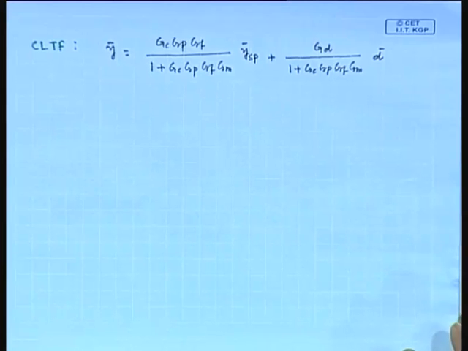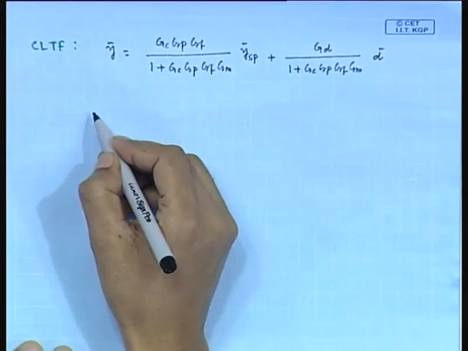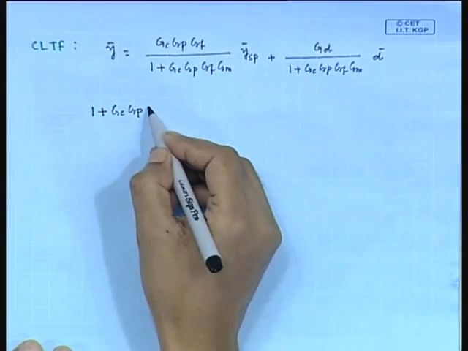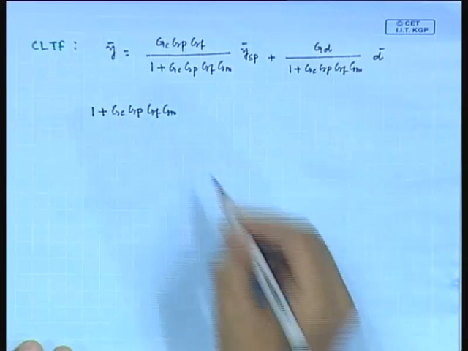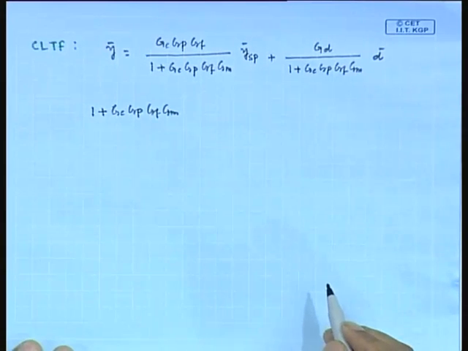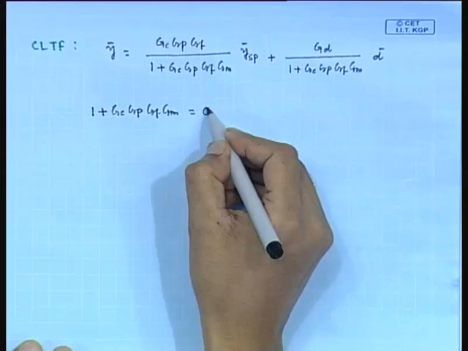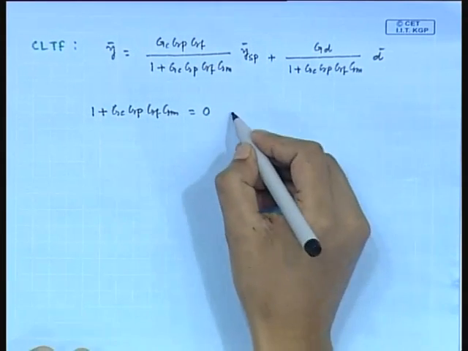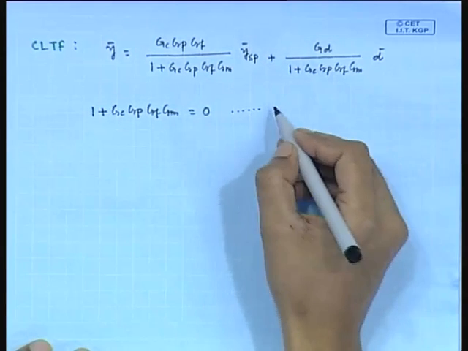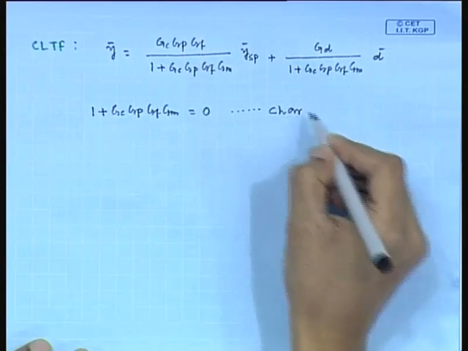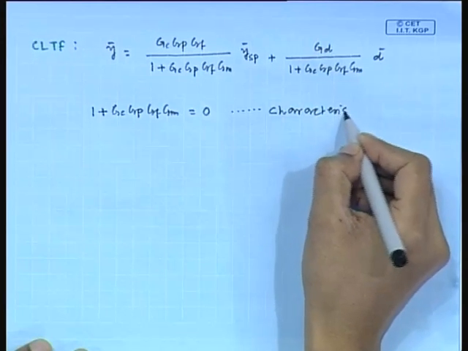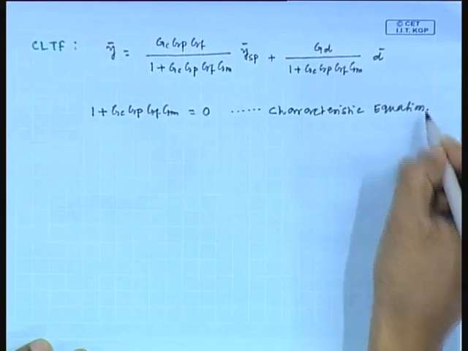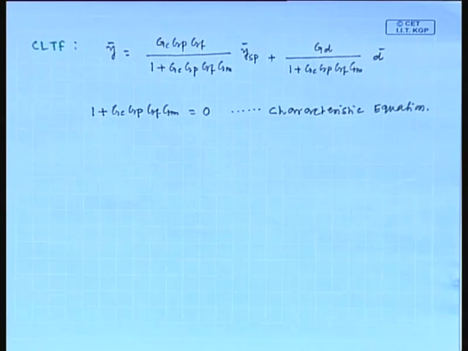Now, the denominator of this transfer function we can write as 1 plus GC GP GF ZM. If we write this equal to 0, then that is called the characteristic equation of the closed loop transfer function.